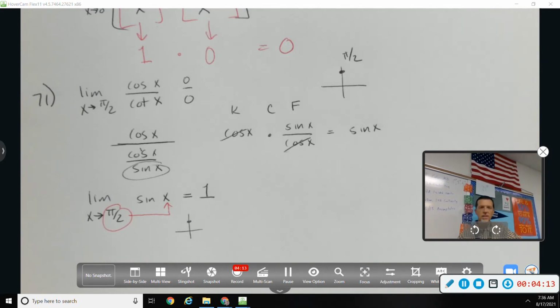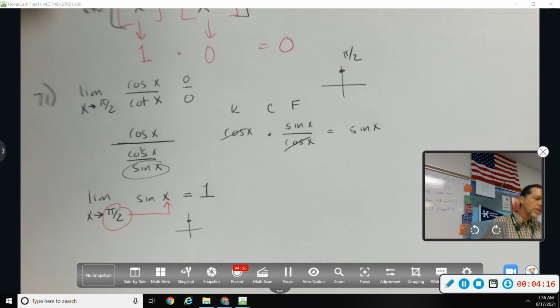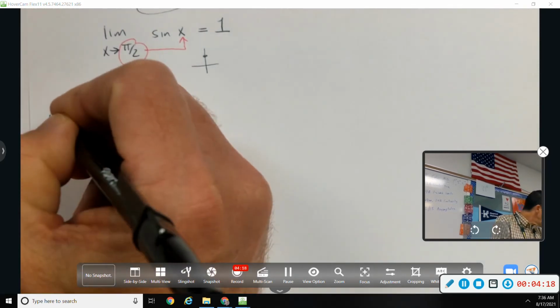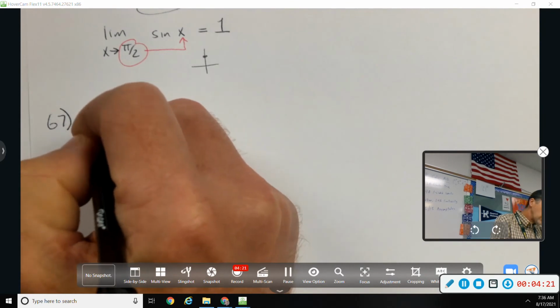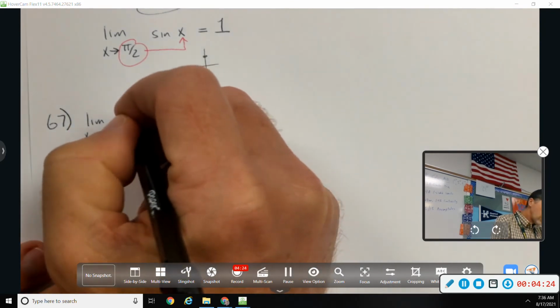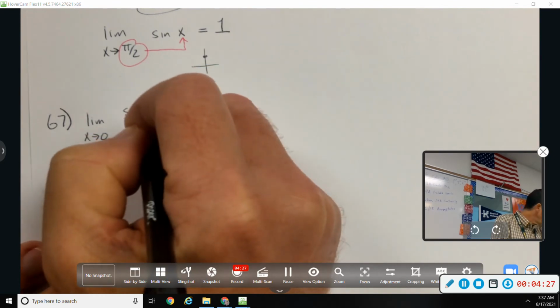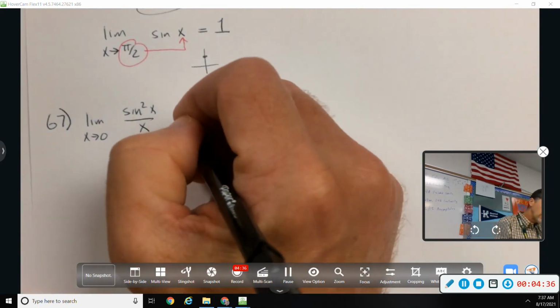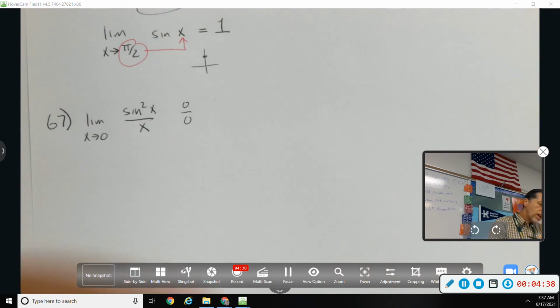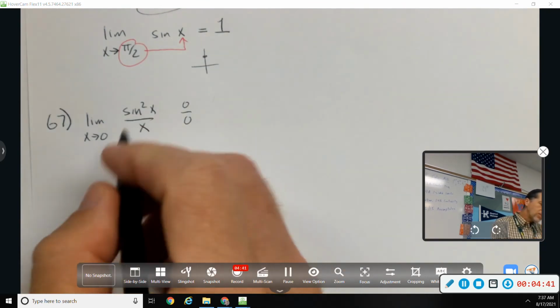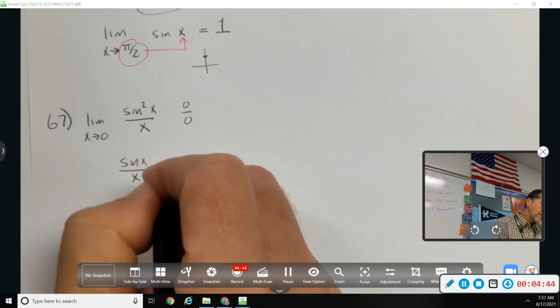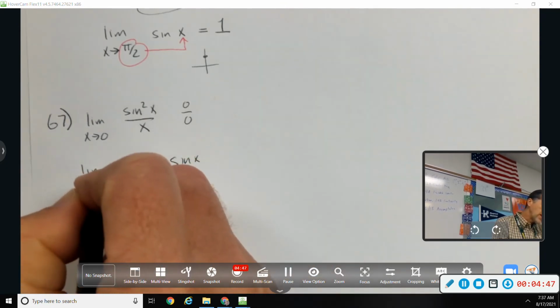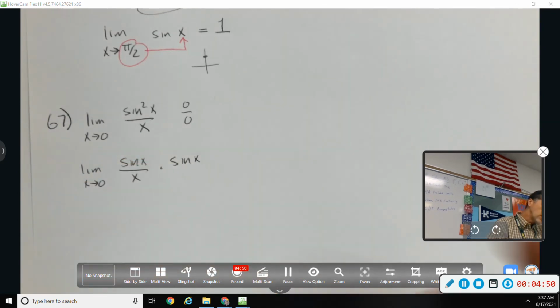Connor? Number 67. We're hitting all these tricky ones. The limit as x approaches 0 of sine squared x over x. First job is to plug in 0, but I immediately get 0 over 0, so that's not good. I've got to do something else. I do know that sine x over x is one of the things I know, so I rewrite this, splitting up the sines so that sine of x over x shows up.